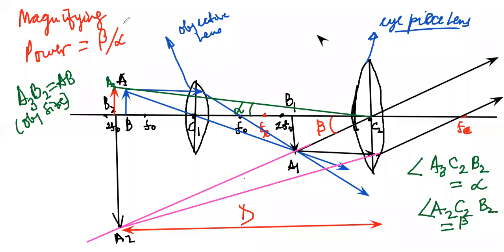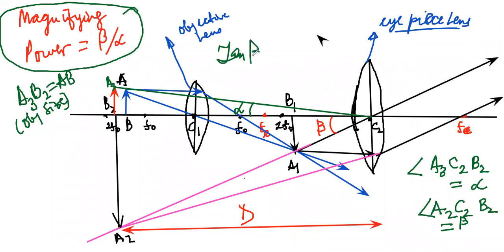And this is actually called the magnifying power. Now I consider the triangle, and can I write over here tan beta as A2 B2 divided by D?